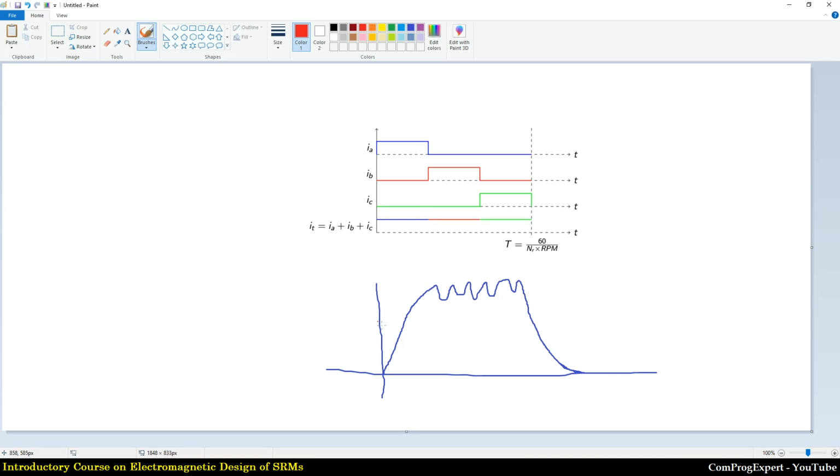So we have this terminal current. This is the real case for the phase A, and I define this important variable.